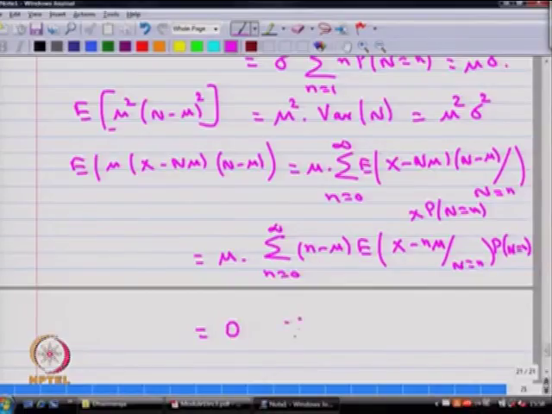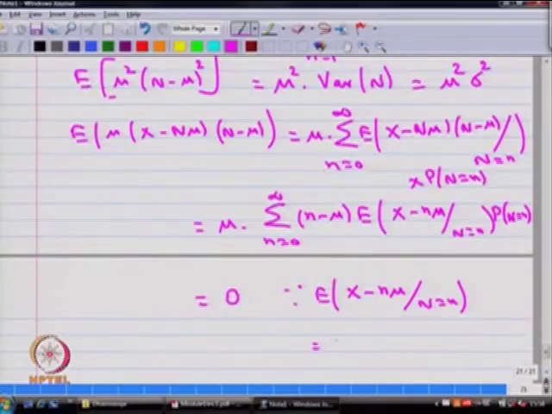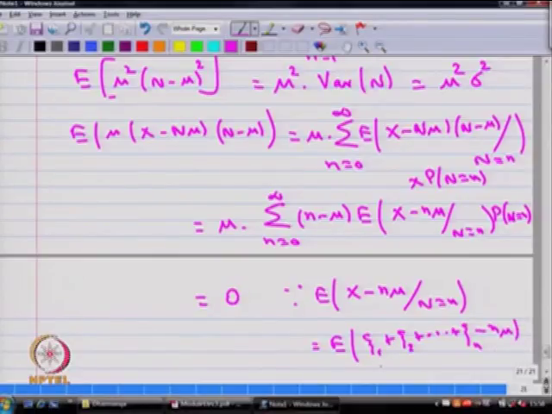because expectation of X minus n mu given N takes a value small n is nothing but expectation of psi 1, psi 2 and so on plus psi n minus n mu. That expectation quantity is going to be 0, because the expectation of psi i's is mu, and this is expectation of psi 1 plus psi 2 and so on plus psi n minus n times mu.